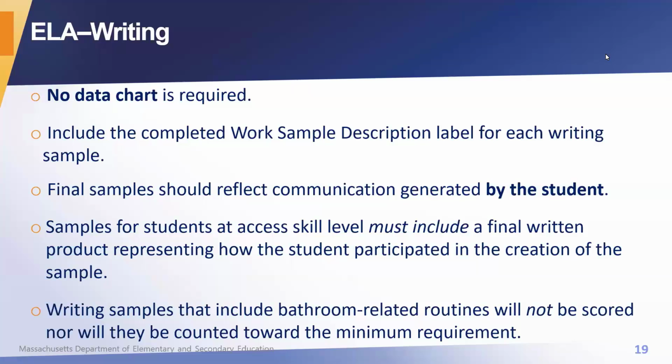So think about ways in which you can help your student communicate, but also reach out to those people that are already working with your students and use them. Share that rubric with them.